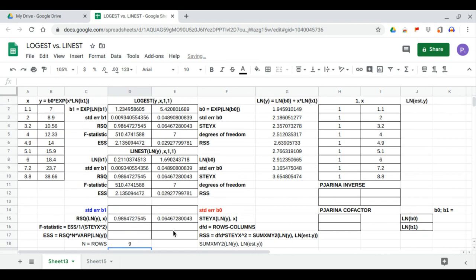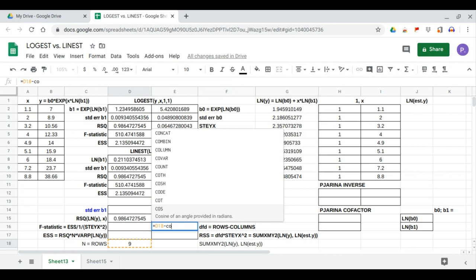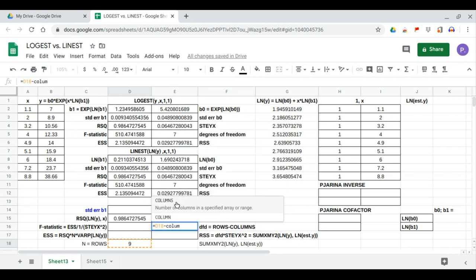That's 9. And we can calculate the degrees of freedom, which is rows minus columns of the dataset range. 7. Also match to our LINEST output and LOGEST output.